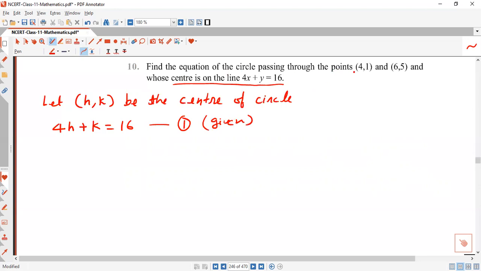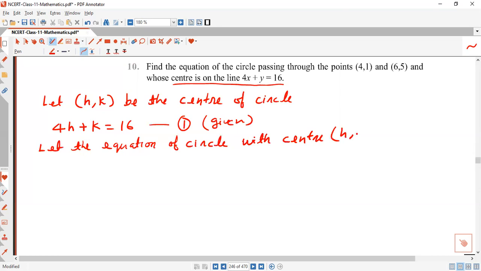Now we have 2 points, 4, 1 and 6, 5. Let's assume the equation of the circle with center h comma k and radius r.